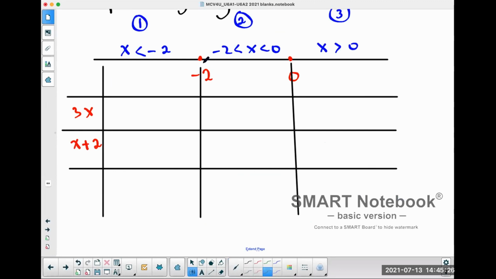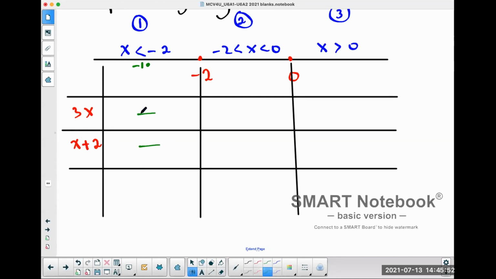If I want to pick a number that's smaller than -2, it can be anything. You can put -3, -2.1. I like easy numbers, so let's say -10. I don't really need to know what the answer is. All I need to know is whether this is a positive number or negative number. 3 times -10 is -30, that's negative. -10 plus 2 is -8, that's going to be negative.